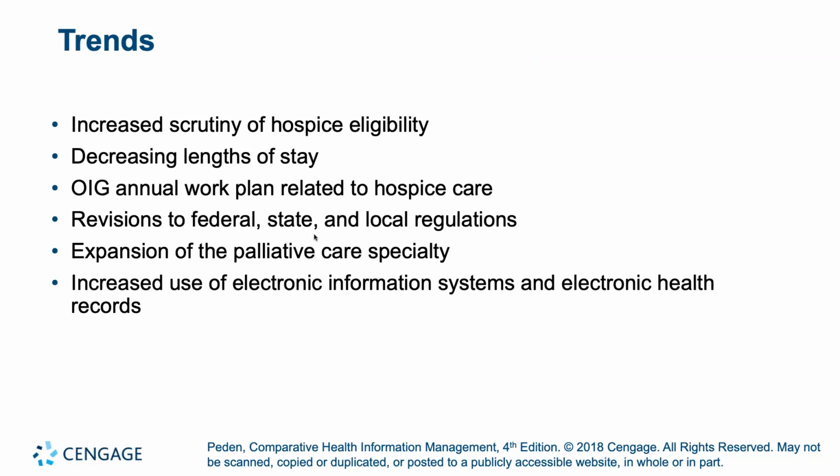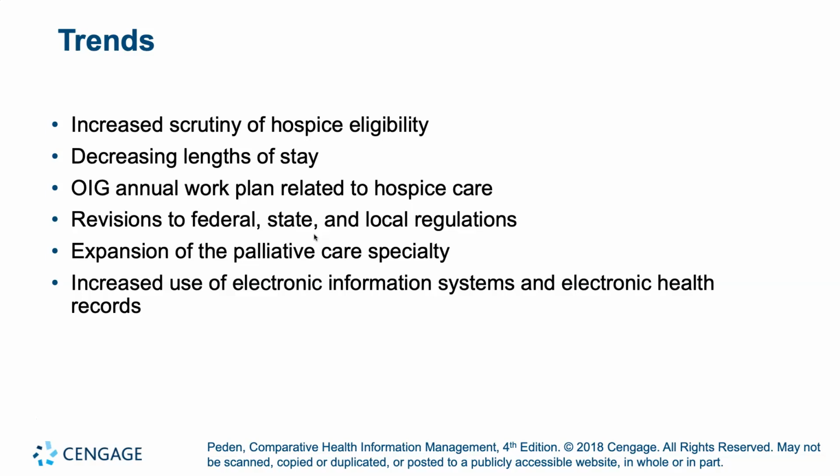Trends: increased scrutiny of hospice eligibility. Yes, there's increased pressure on providers to be very careful when they label the patient as having a terminal illness, making sure that they really are within that 6-month window.